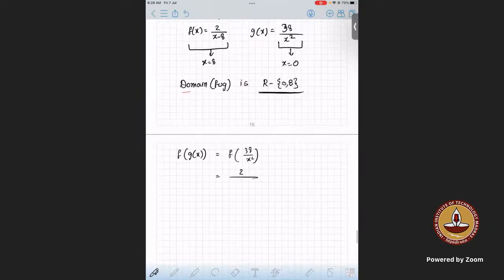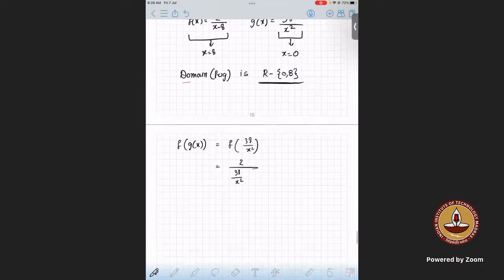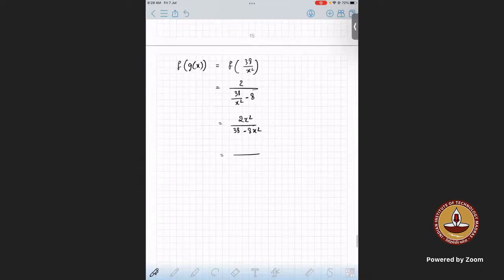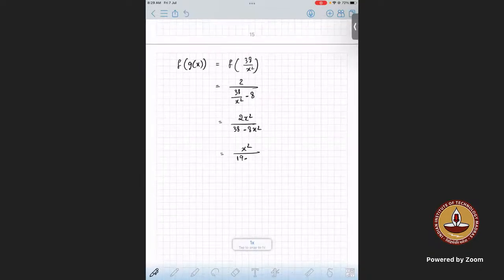2 by 38 divided by x square minus 8. Agree? 2 by 38 minus 8x square, upon x square. Then x square divided by, what is this? 19 minus 4x square.